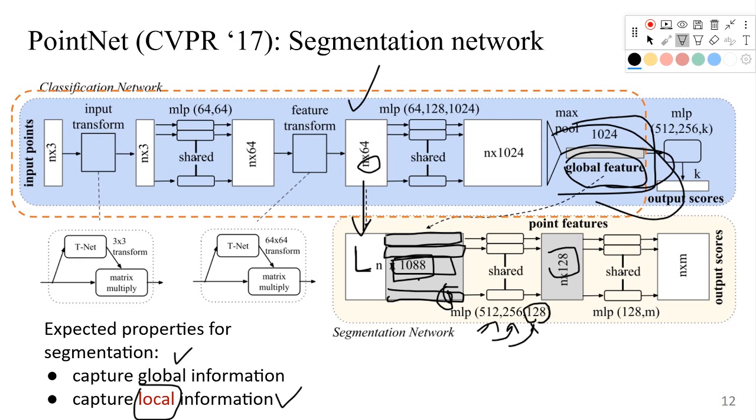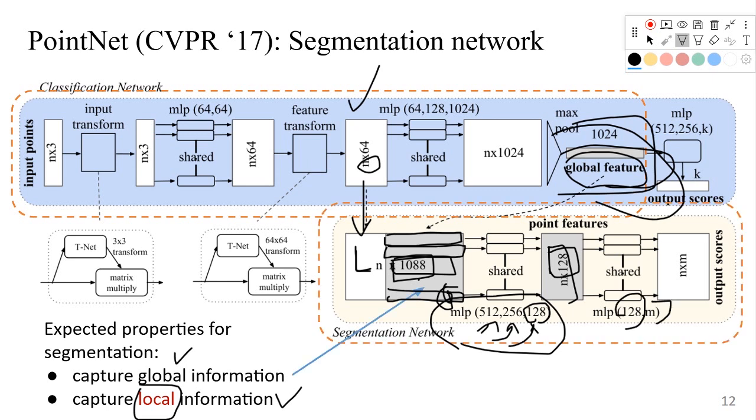So we have a stack of 3 MLPs in this block. After we have this feature output, we have another MLP to map this embedding dimension into M, where M is the number of semantic classes. For example, if we want to segment an indoor scene, we will have semantic classes like chair, table, wall, floor, and so on.